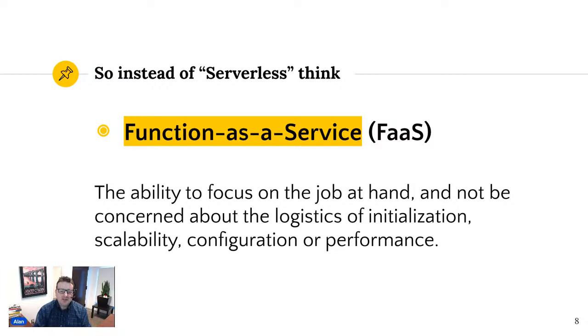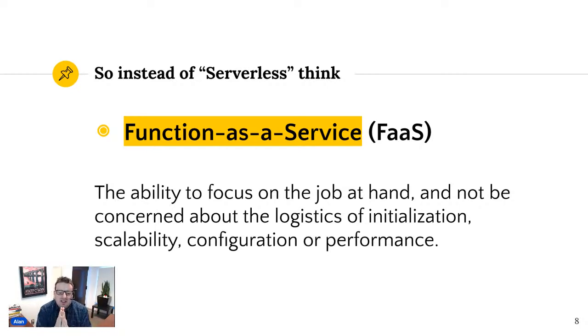So instead of thinking of it as serverless, think of it as function as a service. Just like we've got IaaS, infrastructure as a service, servers as a service, we're now going right down to that small granularity of a single function. And it literally is a single function. It doesn't mean that all the code has to be shoehorned into that little function. We'll go through that later.